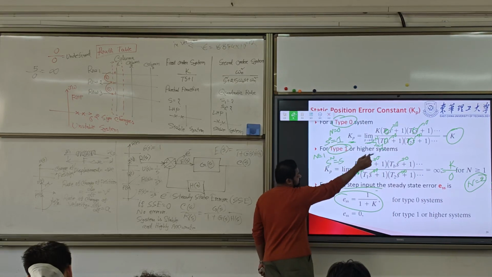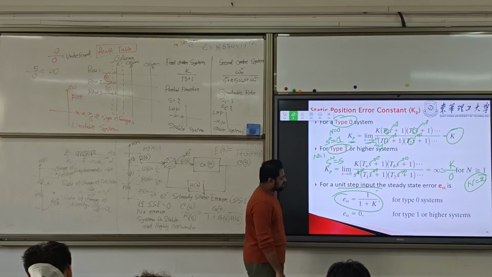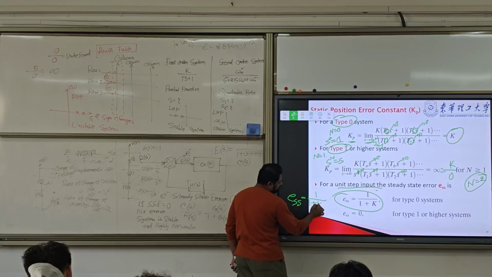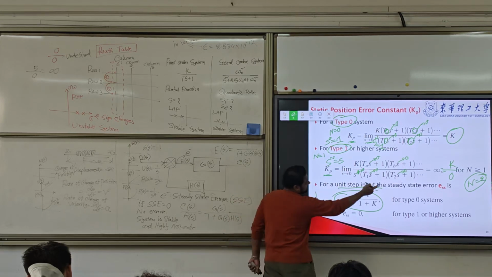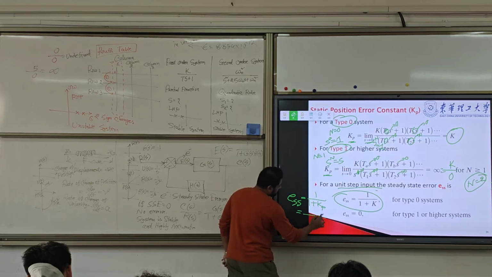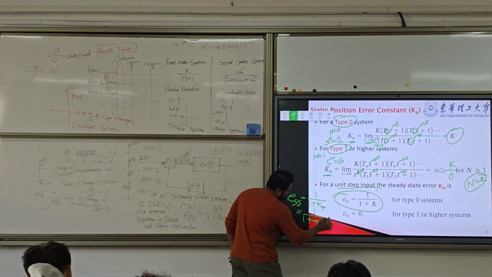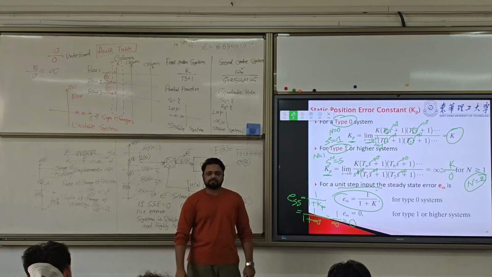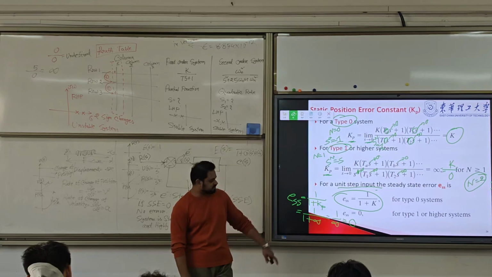For type 0, Kp is equal to K. And for type 1 and type 2, it is 1 by 1 plus Kp, here Kp is infinity. 1 by 1 plus infinity, that is 1 by infinity, that is 0. Something by infinity is 0.